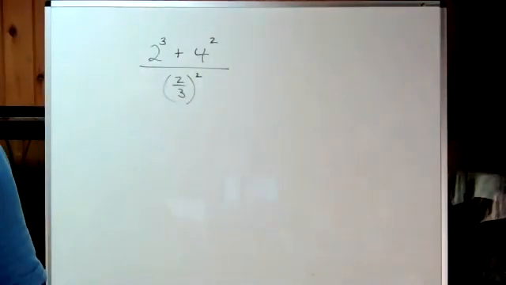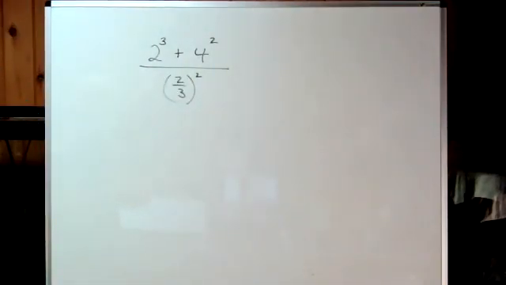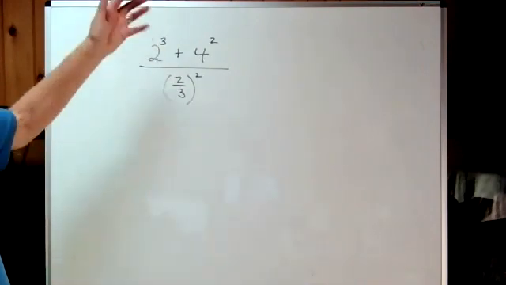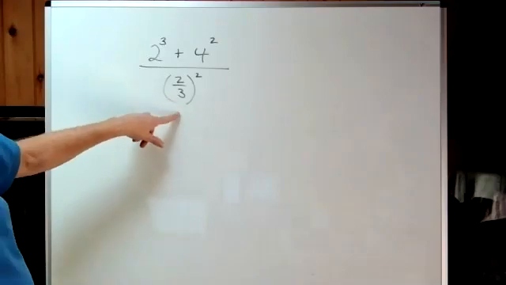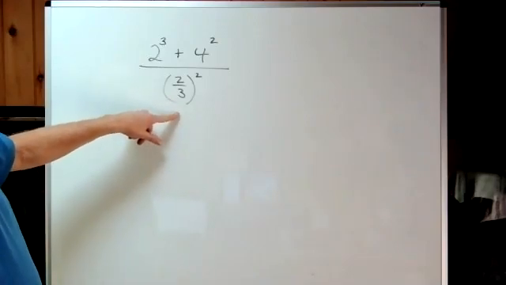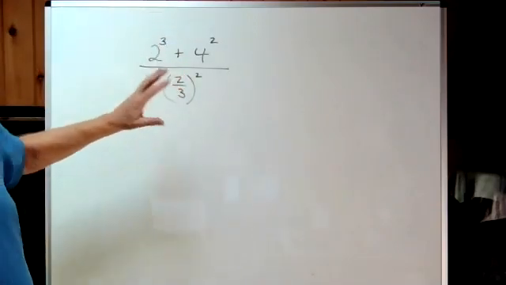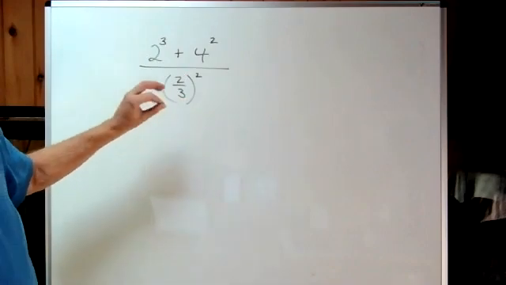All right, order of operations stuff, really. Here is a complex fraction. It happens to have a fraction on the bottom, because that's really what makes it a complex fraction, there's a fraction inside of it.